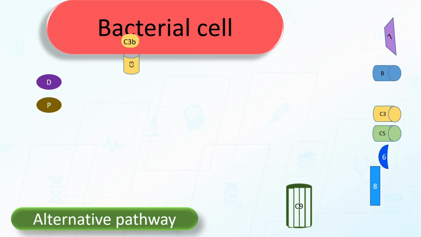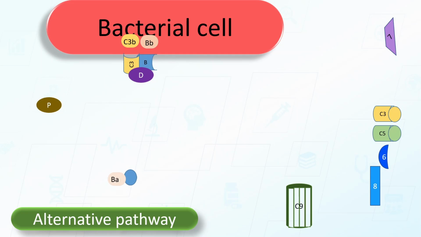But if it binds on the surface of a bacteria, if there is a microorganism in the surroundings, it will bind to the surface of the bacteria and it will attract another factor which is called factor B. So the C3b bound on the surface of the microorganism will attract factor B, which is a plasma protein.